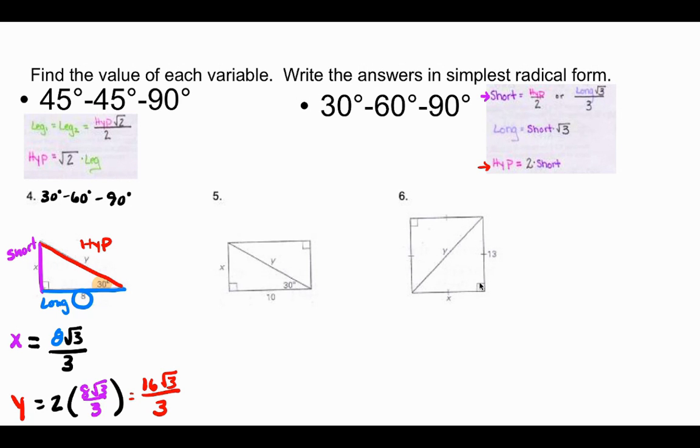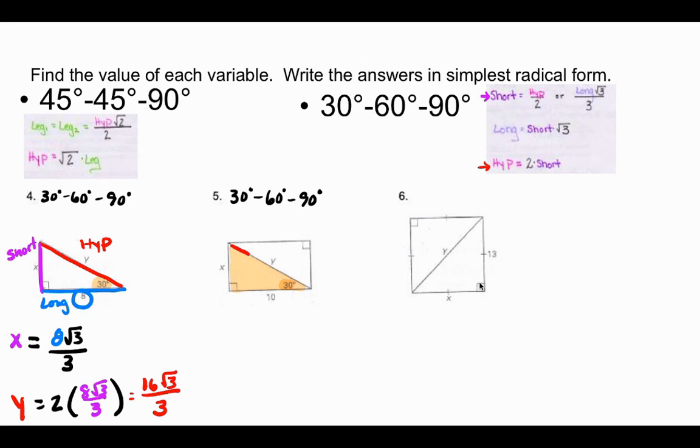Problem 5 is a rectangle, and if we look within that rectangle, there is a 30-degree angle, so we're only taking half of our rectangle. So half of this rectangle creates a 30, 60, 90 right triangle.